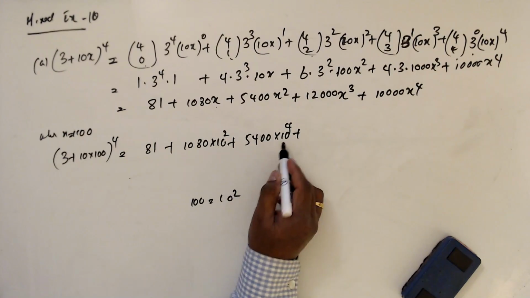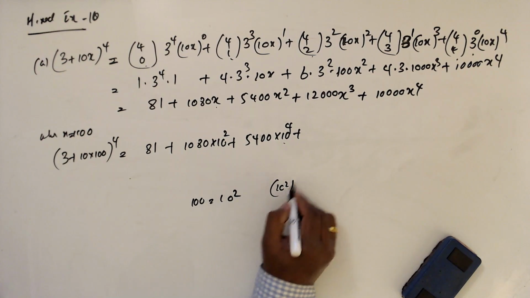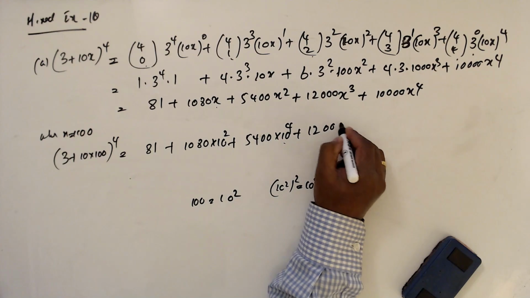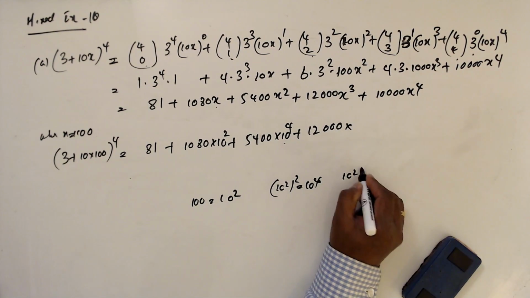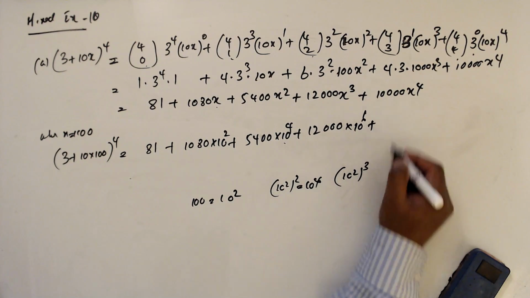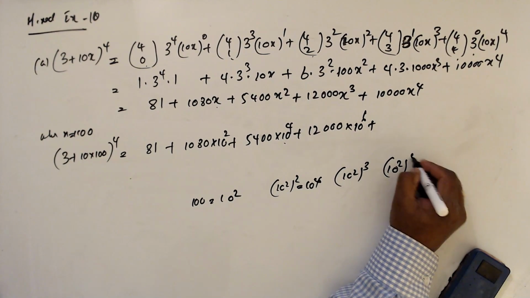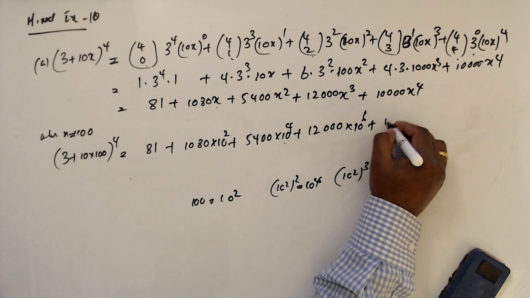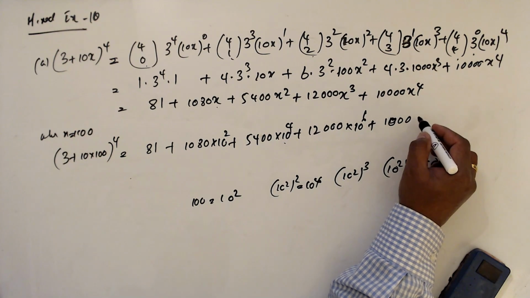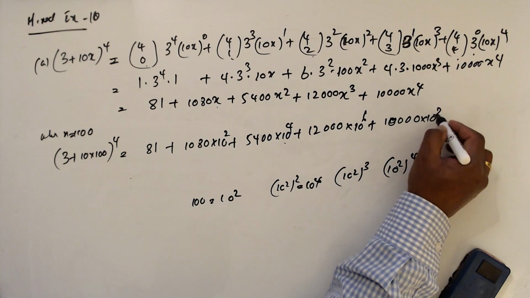So this is 10 squared means 10 to the power 4. Now 12,000, this is 10 squared times 3, 10 to the power 6. And this is 10 squared times 4, 10 to the power 8. 10,000 times 10 to the power 8.